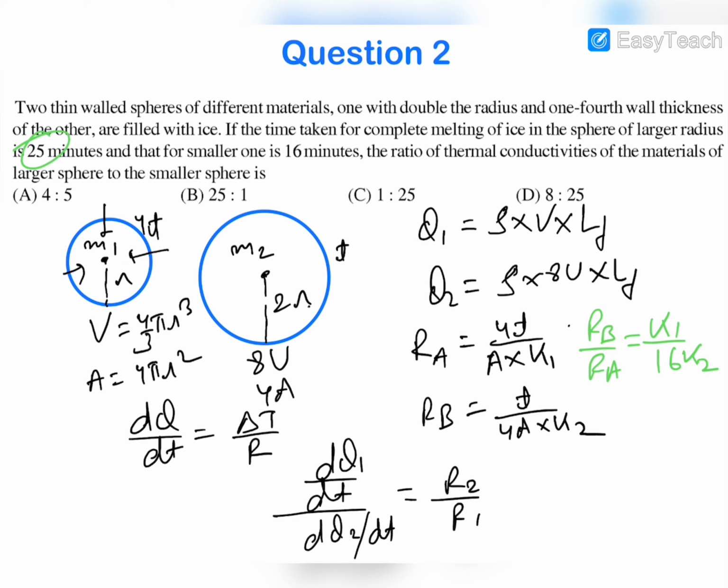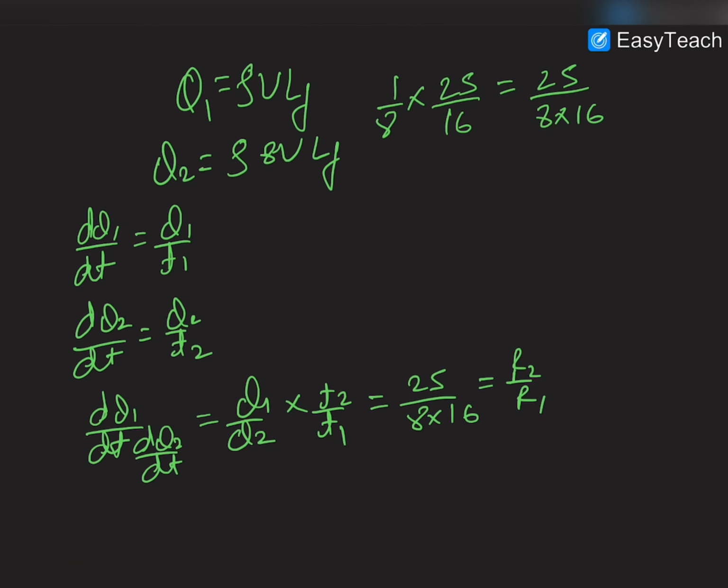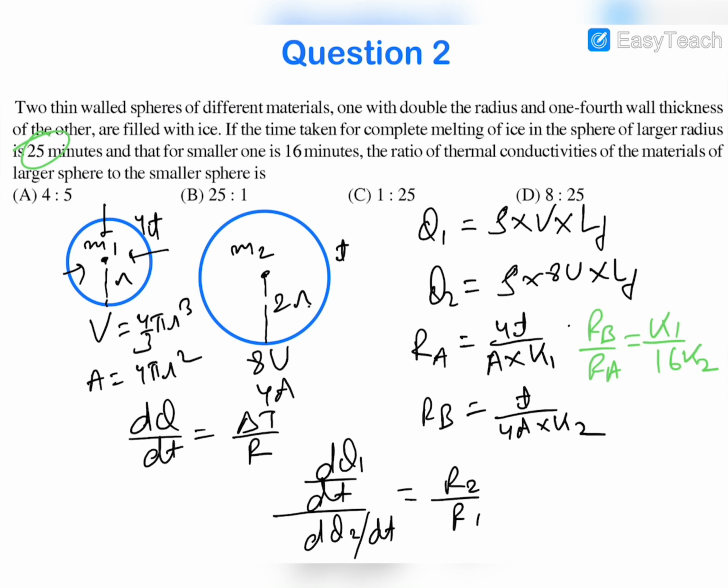If you divide these two, rb by ra, then it would be k1 upon 16 k2. So r2 by r1 is equal to k1 upon 16 k2. So cancelling this 16, k1 by k2 will be equal to 25 upon 8. So the ratio will be 8:25. So the correct answer is D.